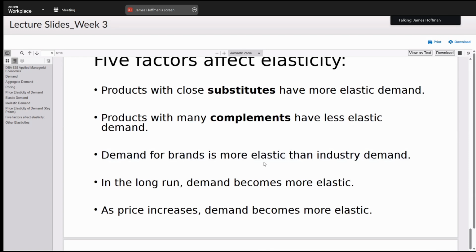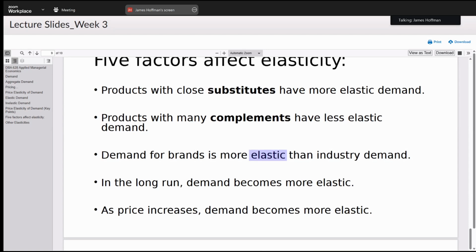Now, the demand for individual brands of toilet paper is more elastic. There's Charmin, there's Scott, there's some other one. Costco brand, exactly. So if one of those individual brands raises their price, and the others don't, you just buy the other, right?